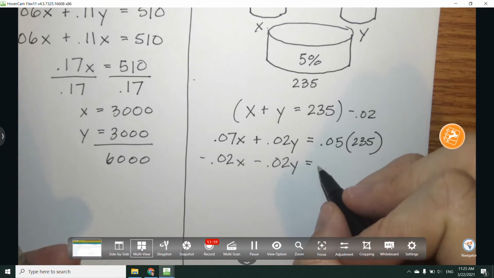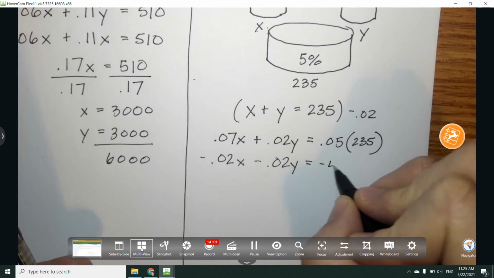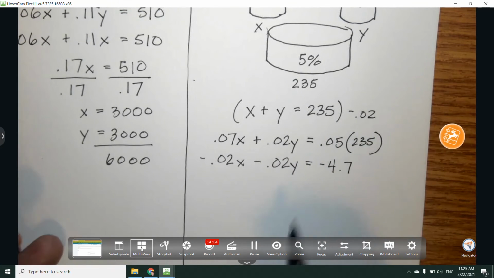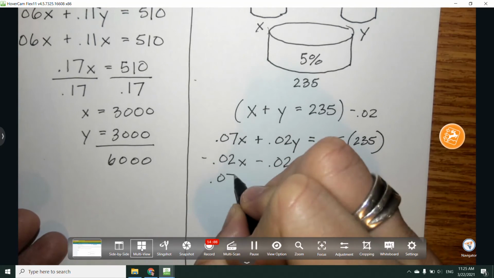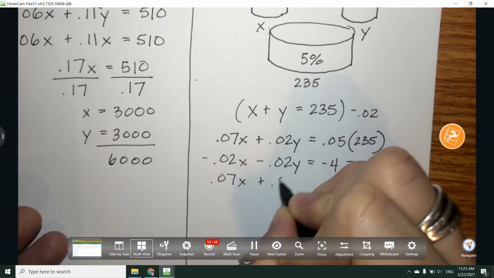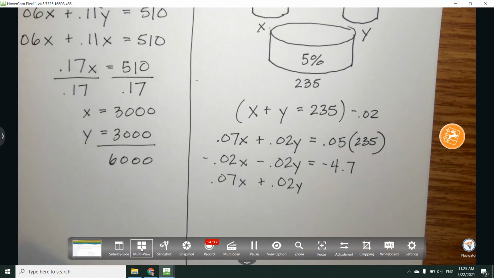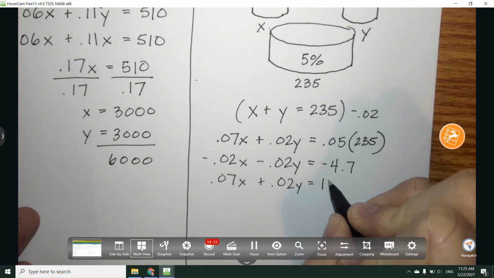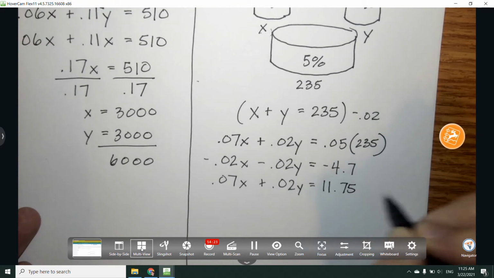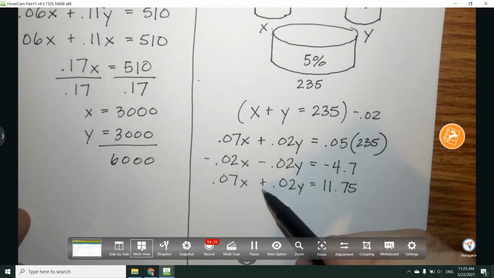And that gives me a negative 4.7. I'm going to multiply these. We still got our 0.07x, our 0.02y, and then 0.05 times 235. That is 11.75.